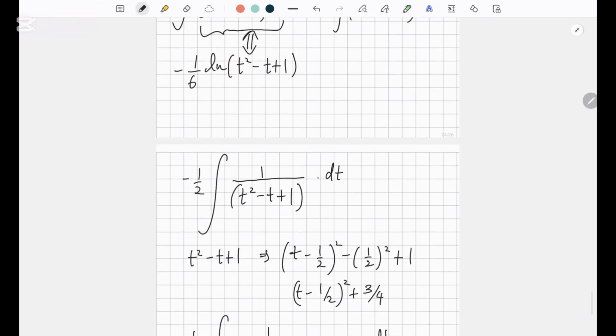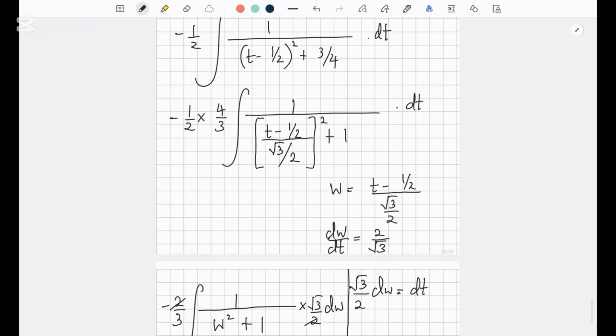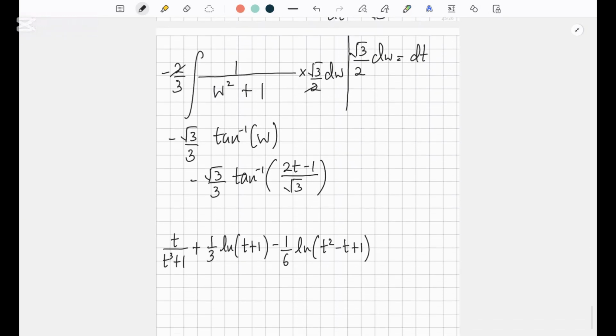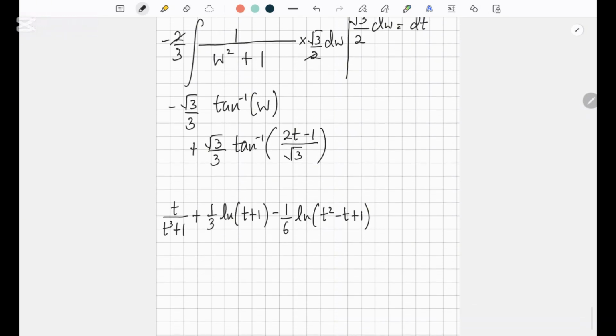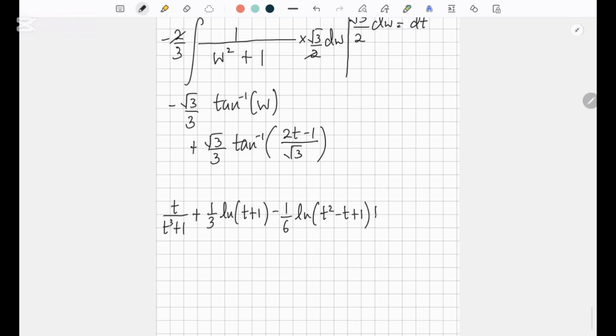So the answer we get for the next part would actually be plus. So plus root 3 over 3 tan inverse of 2t minus 1 over root 3, plus c. This is your final answer.